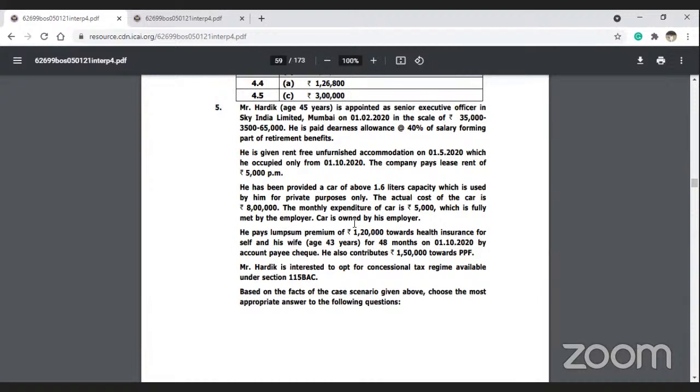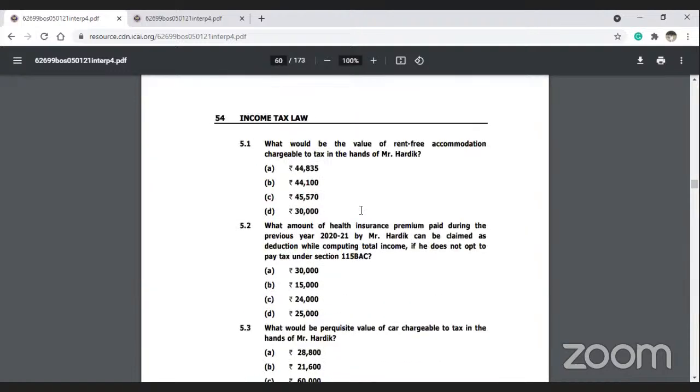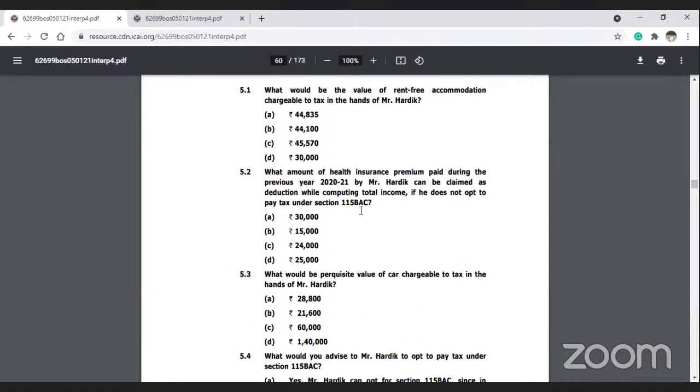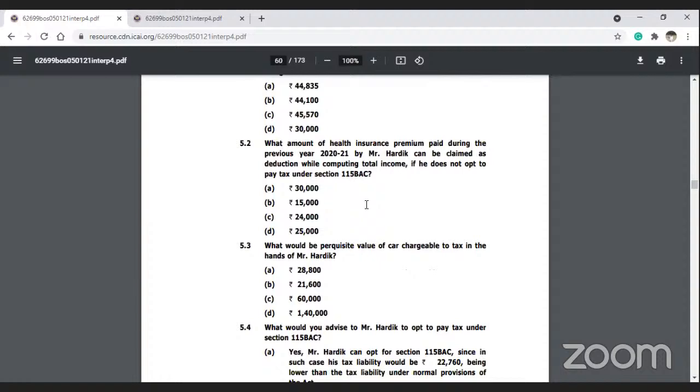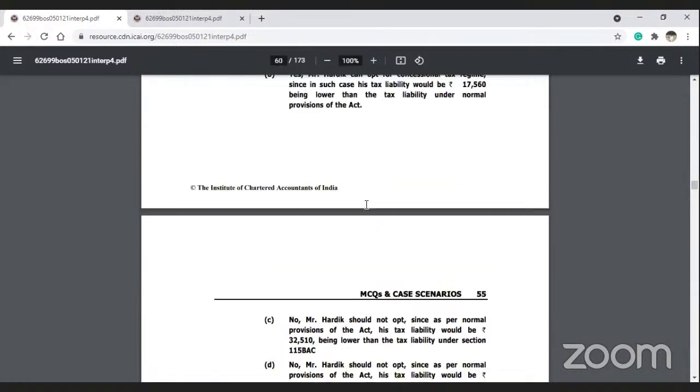He has paid nothing. So 10% of actual cost plus the actual expenses incurred by employer. 1,40,000. Okay, let's take the answer. Yeah, correct.